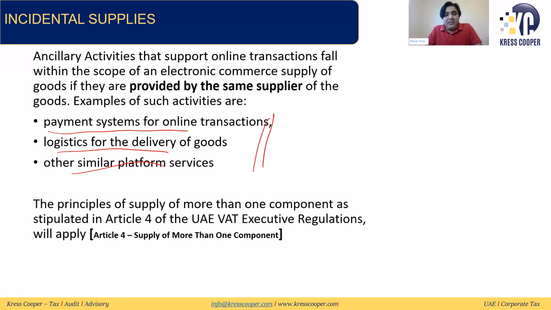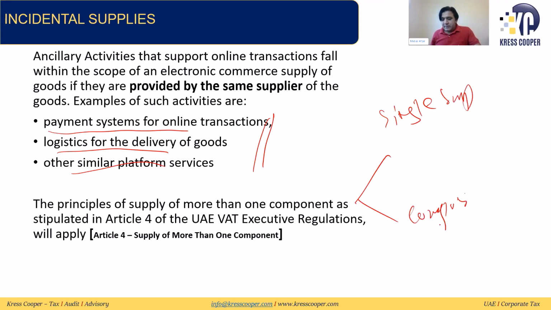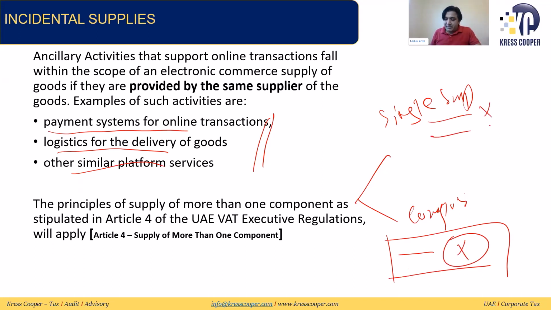We need to apply the principle of Article 4 of the UAE VAT regulation and identify whether this is a single supply or a composite supply. If one line item appears on the invoice, we say it is a composite supply. If two different line items appear, it will be a single supply. For the single supply, we need to assess the tax position of each element, each supply, individually.